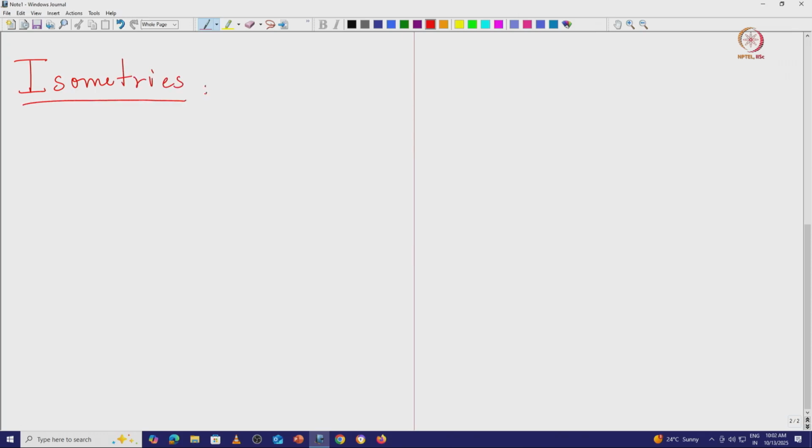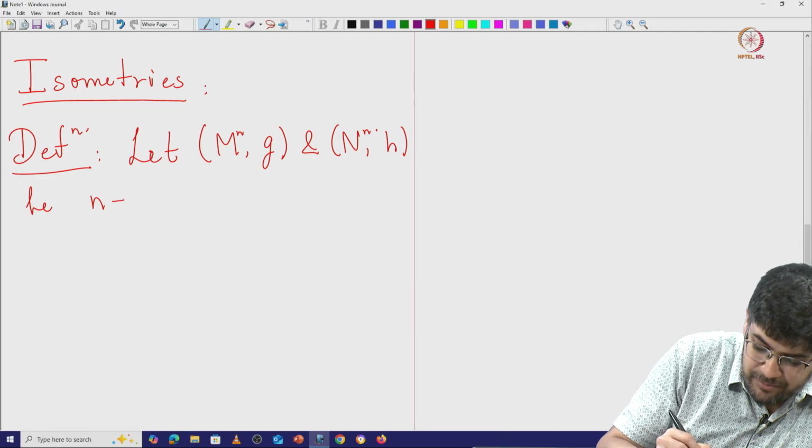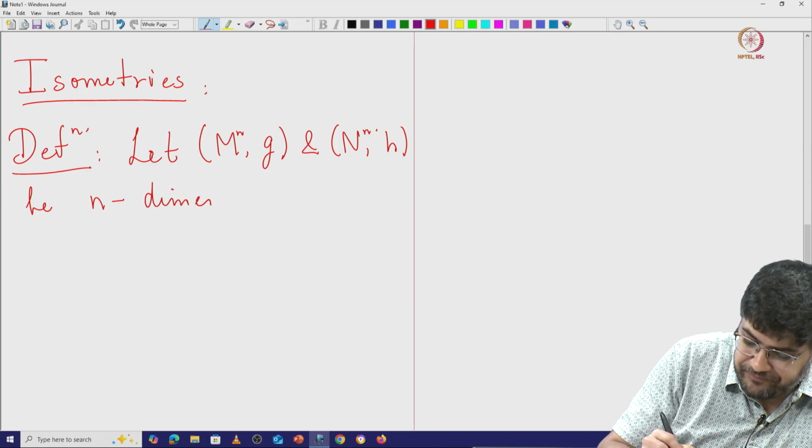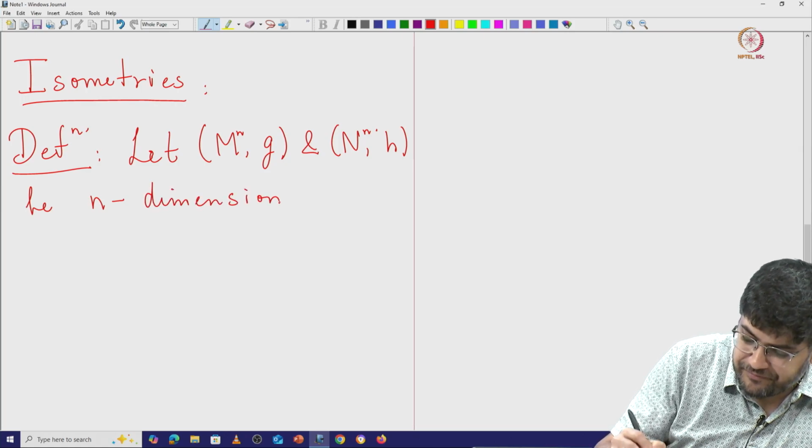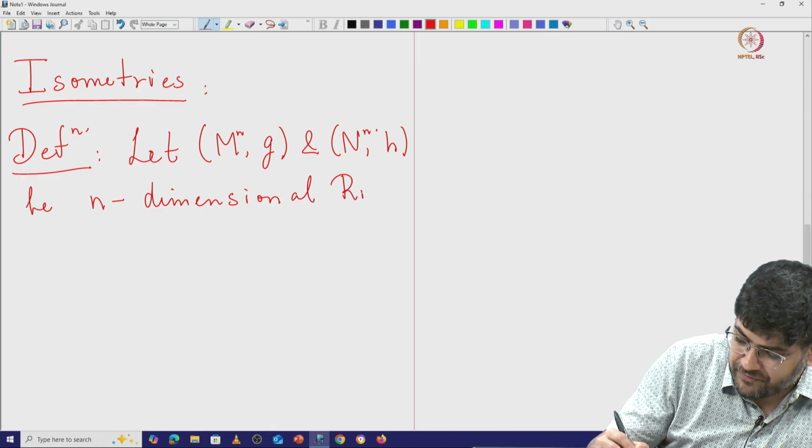Okay, so here's a definition. So let M with metric g and N with metric h be n dimensional Riemannian manifolds.